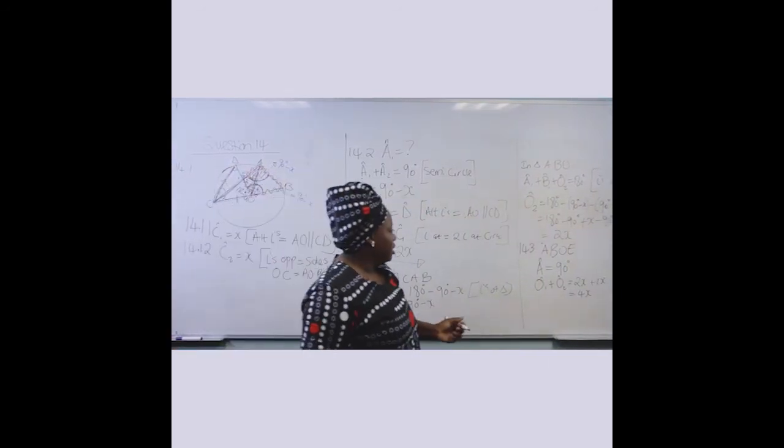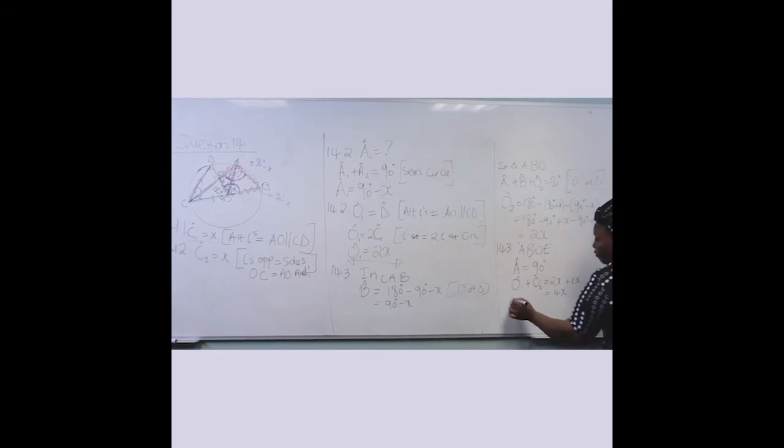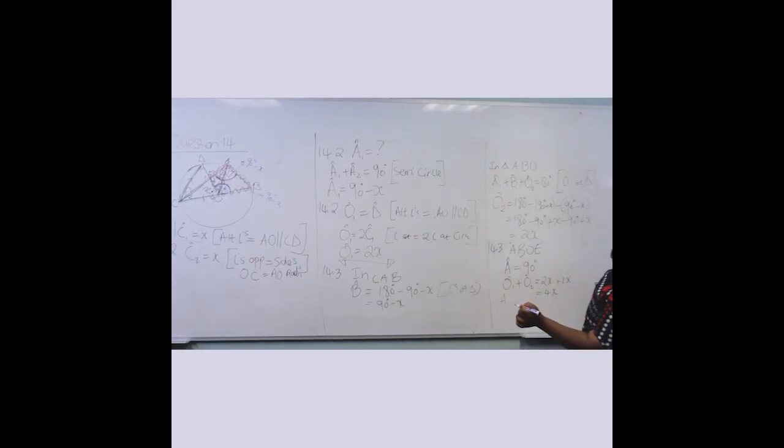Now that's what we are saying. So the whole of angle A, which is angle A1, plus angle O1 plus O2, will be equal to 90 degrees plus 4x.